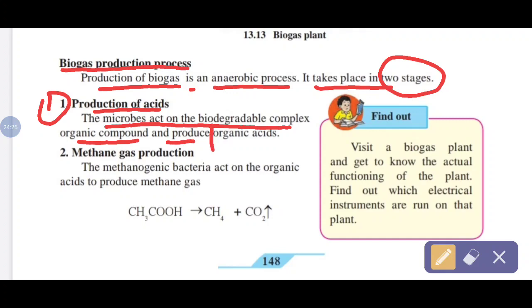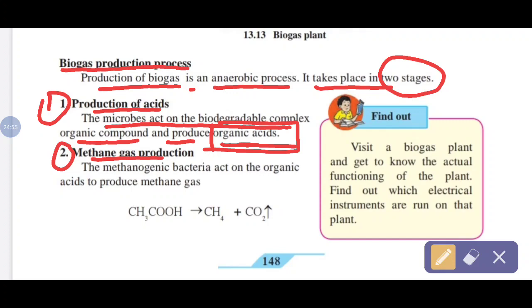Remember, organic acid is produced. Two stages are present here. So in the first stage, production of organic acid. And in the second stage, methane gas production.